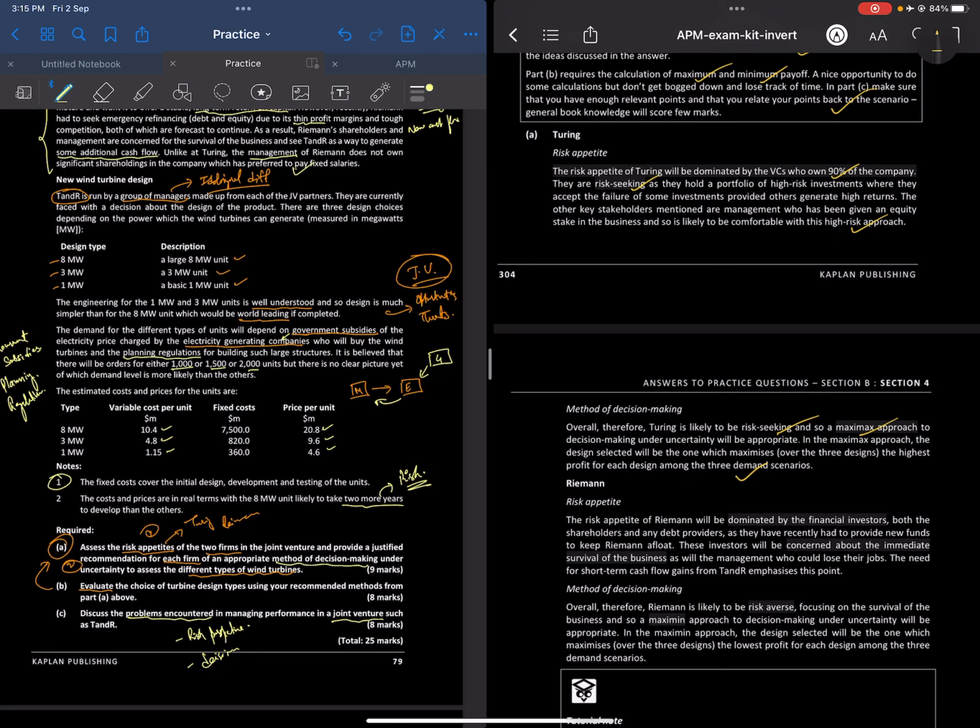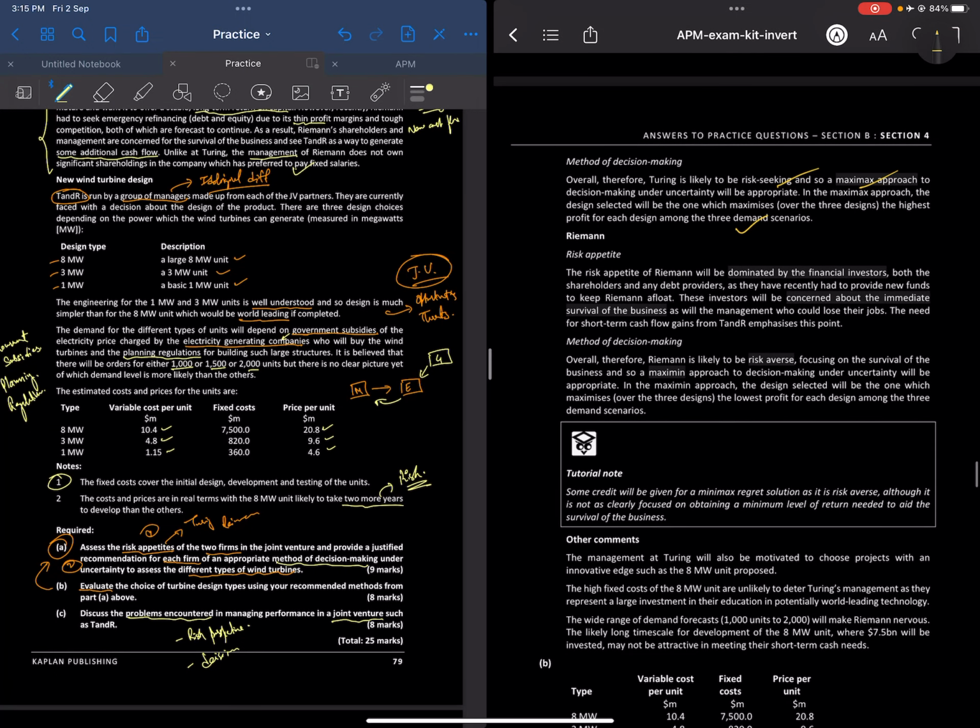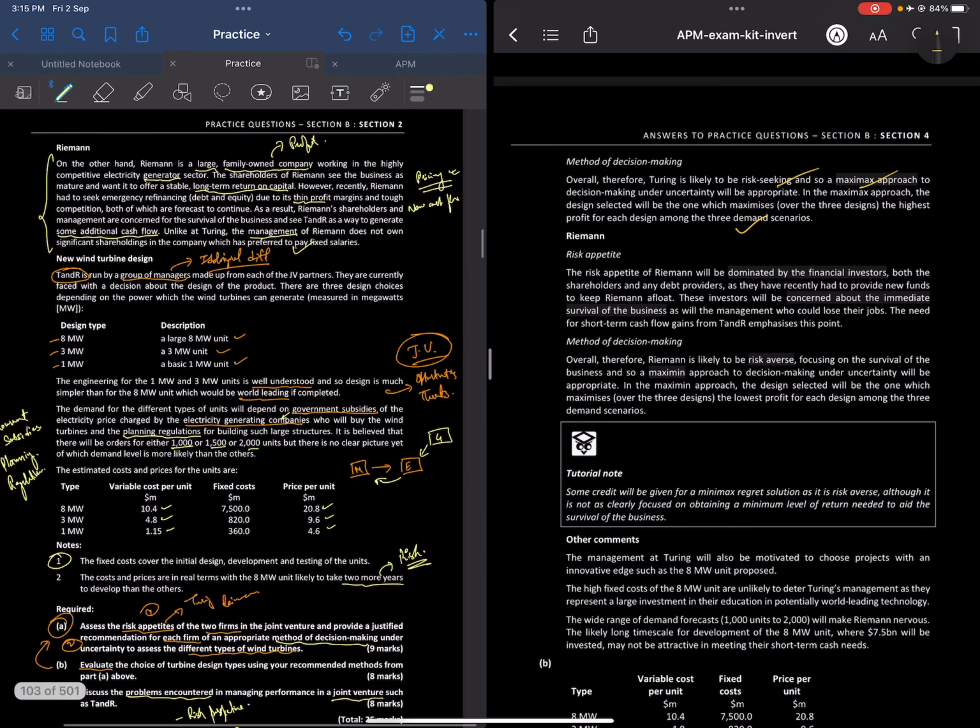So which maximizes the highest profit among the 3 different demand scenarios. Okay, for Raymond on the other hand, the risk appetite is dominated by the debt providers.